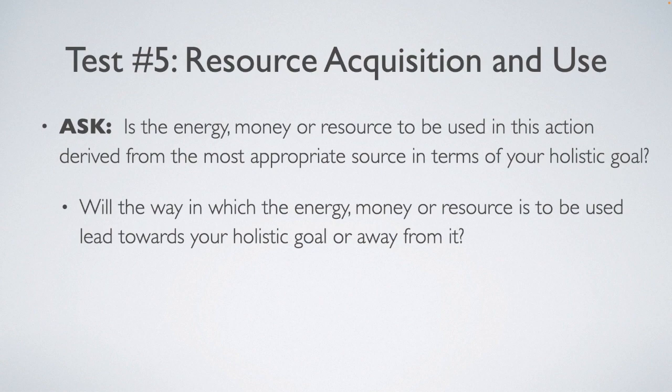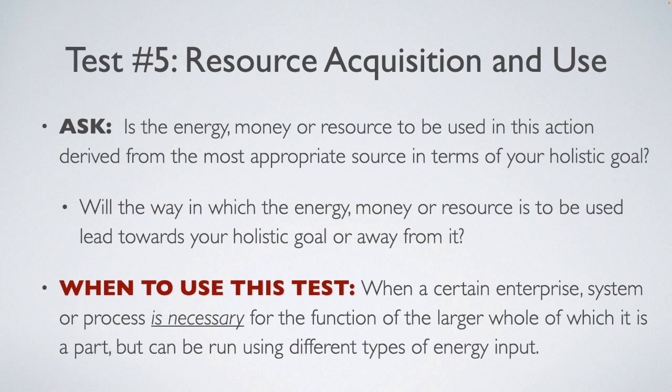We need to be very intentional in selecting the source of money or energy and the way in which we utilize it in building the life and homestead that we desire. So you want to use this test when a certain enterprise, system, or process is deemed to be necessary for the function of the larger whole of which it is a part, in this case your homestead, but can be run or operated using different types of energy inputs.